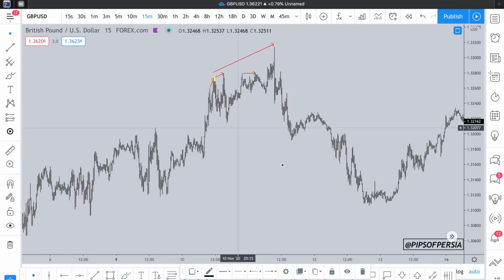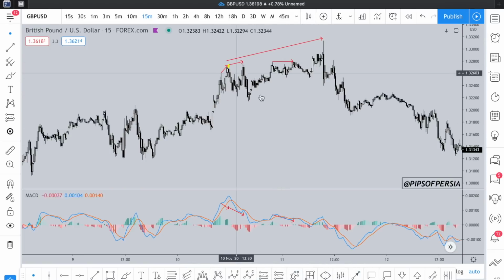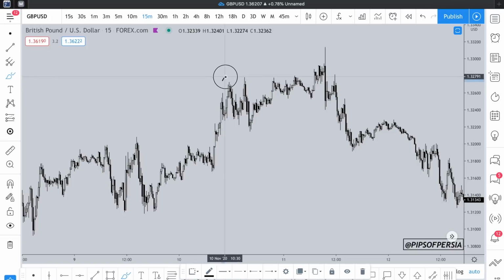This is an example of a distribution, which we identified earlier from the perspective of divergence. So instead of looking at this from the perspective of divergence, now I want to have a look at this from the perspective of distribution. You can go ahead and label this as your preliminary supply, buying climax to sign of weakness. These could be upthrusts to the upside, and then this is now your upthrust after distribution, the high of that range.